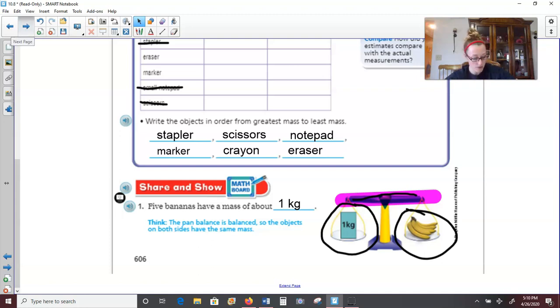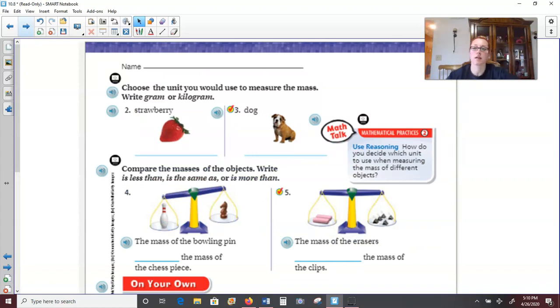All right, over to the next page here. It says to choose the unit you would use to measure the mass: gram or kilogram. So if we just have 1 strawberry, would we measure its weight in grams or kilograms? Well, strawberries are kind of like grapes, so I'm going to say a gram for the strawberry.